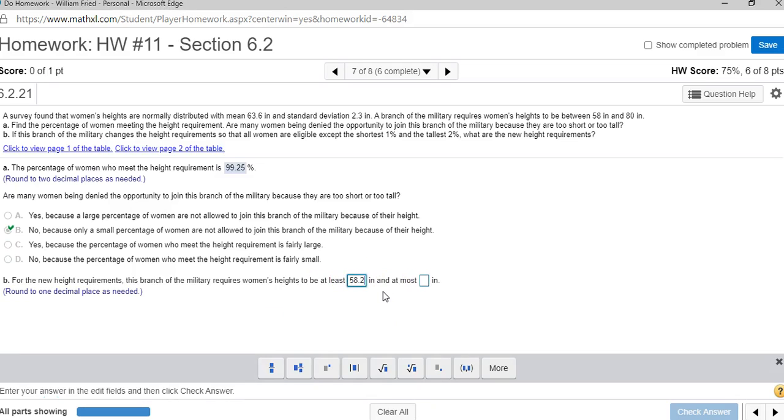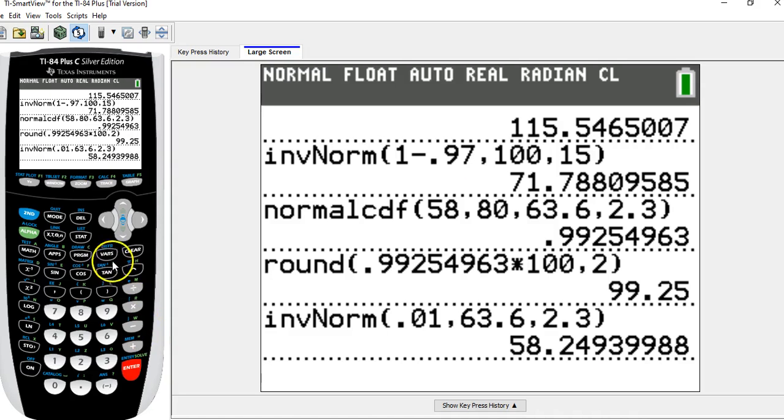And the other one is they want the tallest 2%. That means 2%, which is 0.02, is the area to the right, so 1 minus 0.02 is the area to the left.